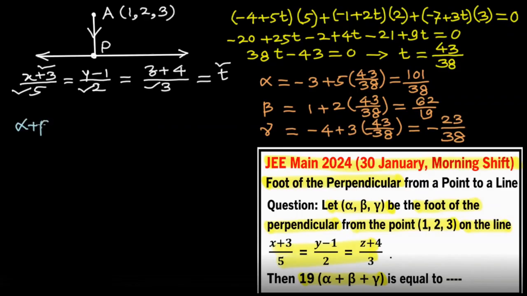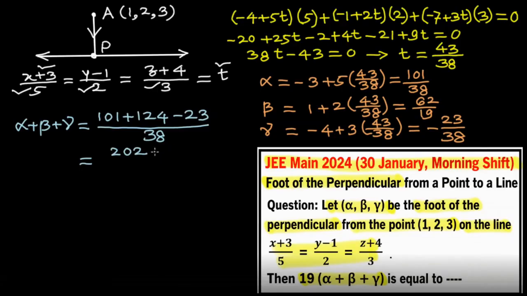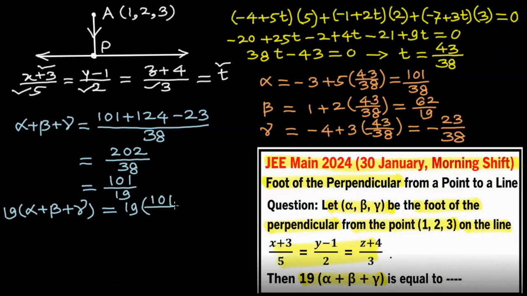Therefore, alpha plus beta plus gamma will be (101 plus 124 minus 23) upon 38, 202 upon 38, 101 upon 19. Hence, 19 into (alpha plus beta plus gamma) will be 19 into 101 by 19, 101. Hence, the final answer here is 101.